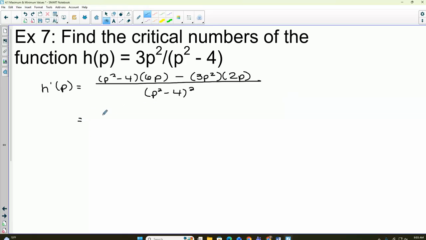Okay, so if we distribute, we get 6p to the third minus 24p minus 6p cubed.